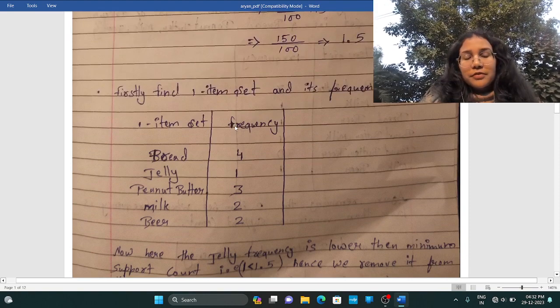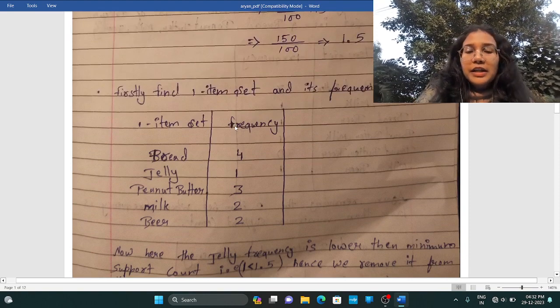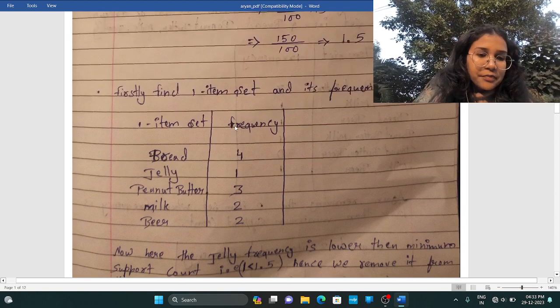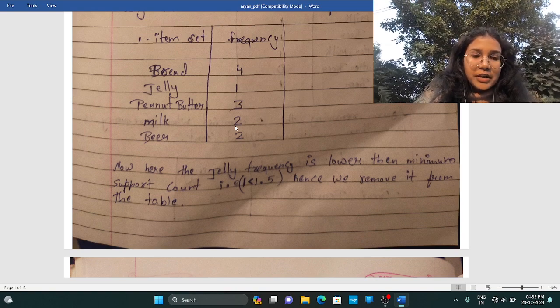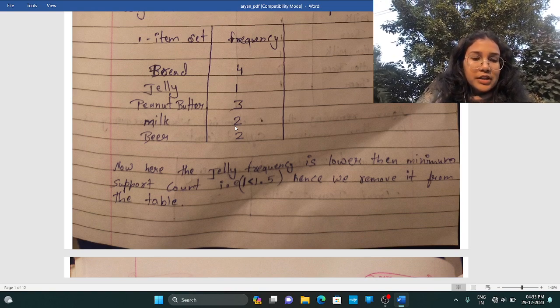Firstly, find the first item set and its frequency of occurrence. The first item set is bread, jelly, peanut butter, milk, beer, where bread is 4, jelly is 1, peanut butter is 3, milk is 2 and beer is 2.